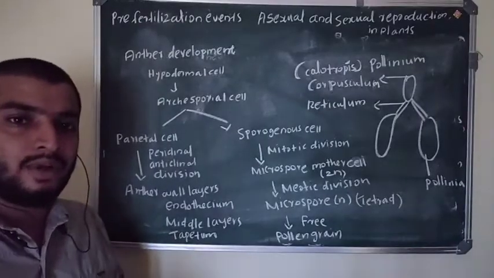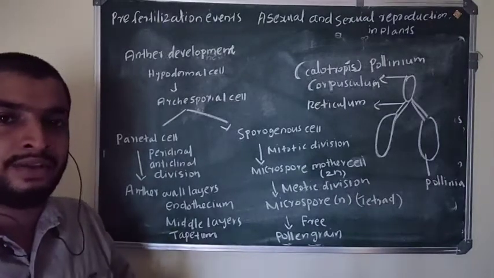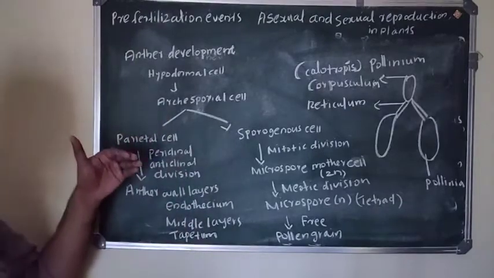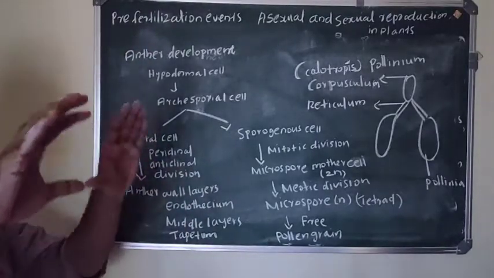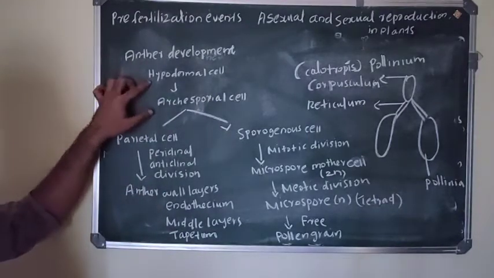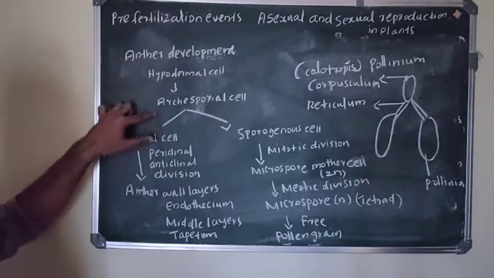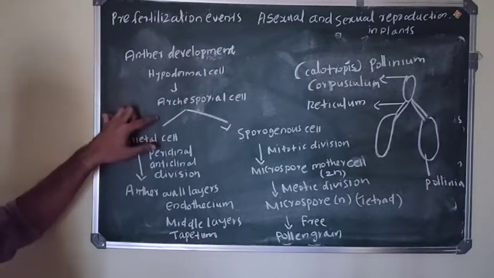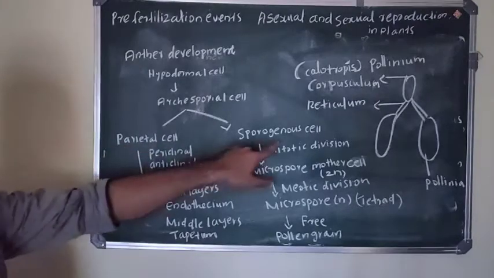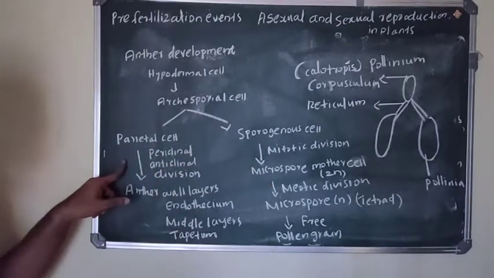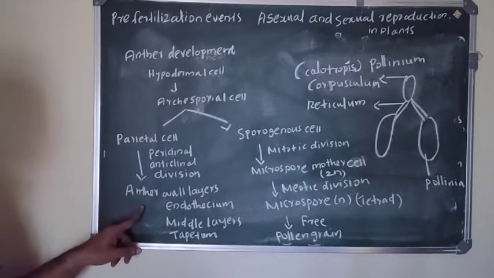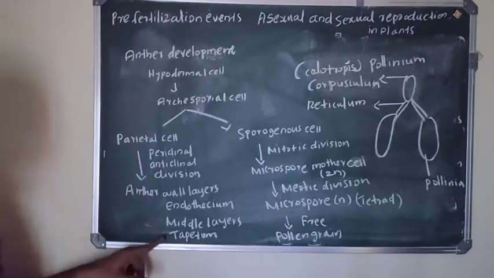We described in detail how anther development takes place. Finally, a review. First, a mass of cells is developed, in which hypodermal cells become archesporial cells. These undergo periclinal division forming parietal cells and sporogenous cells, and the parietal cell undergoes periclinal and anticlinal division forming anther wall layers: endothelium, middle layers and tapetum.